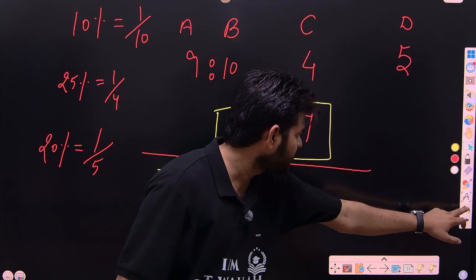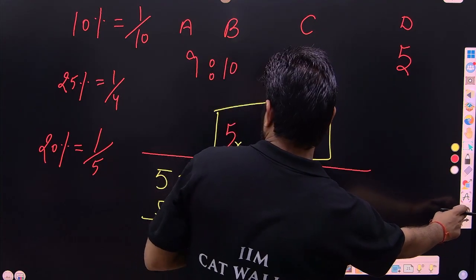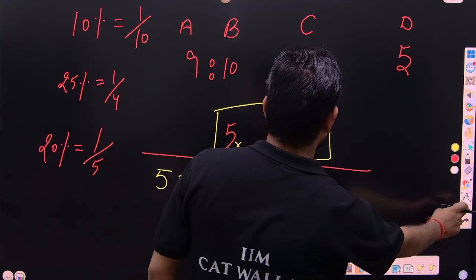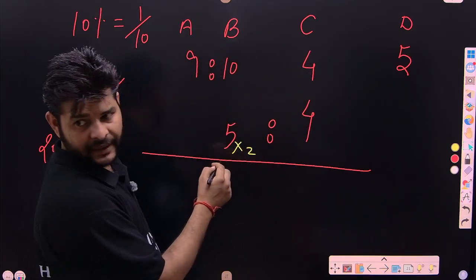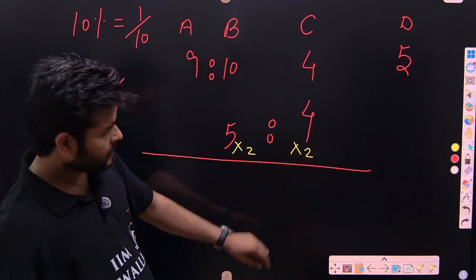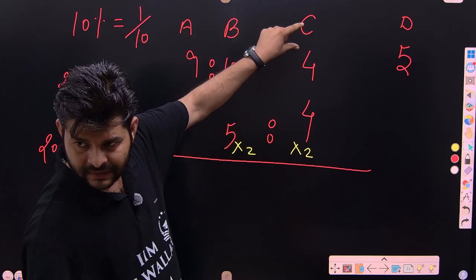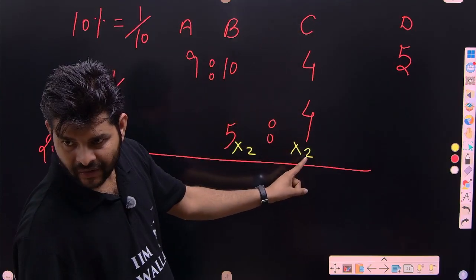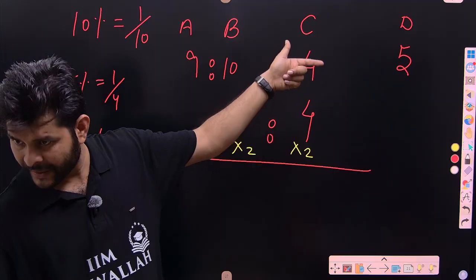So basically, what I have done, I have multiplied by 2 here, and I need to multiply by 2 here as well. Now, over here C is 8, and over here C is, I again need to multiply to make it equal.